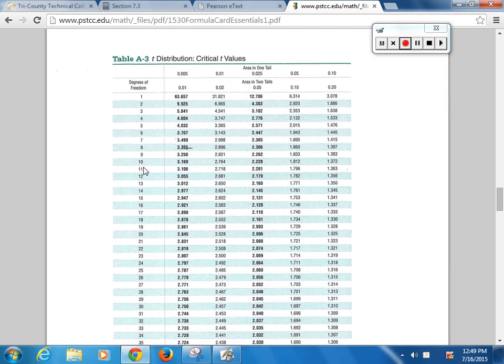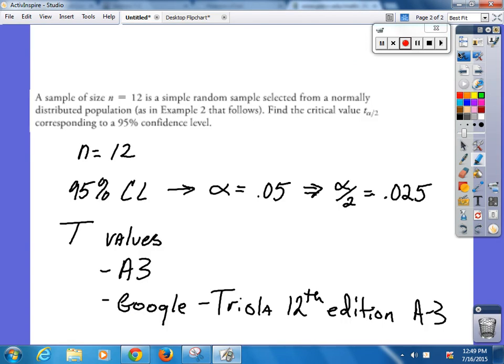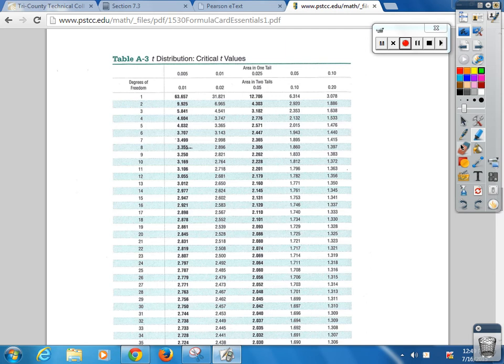Okay. So, where's my, oh, there it is. Okay. So 11, 12 minus 1 is 11. Okay. And we have an alpha over 2 of what?